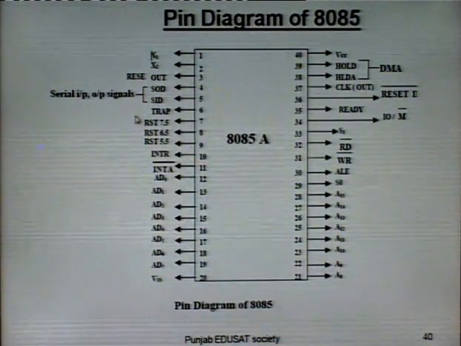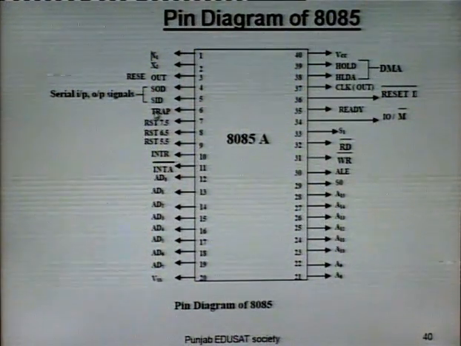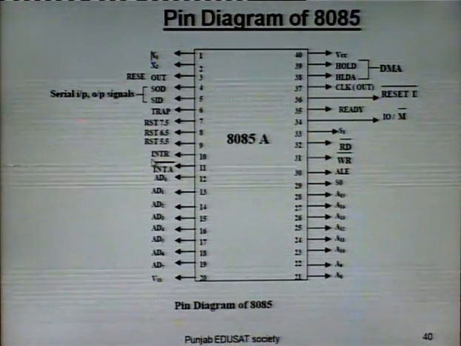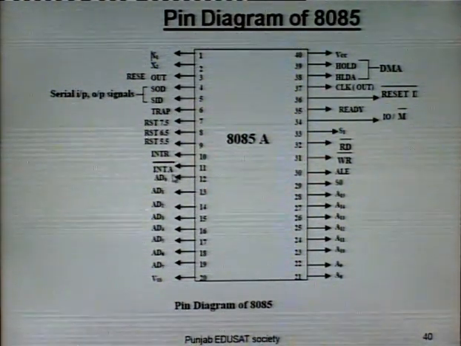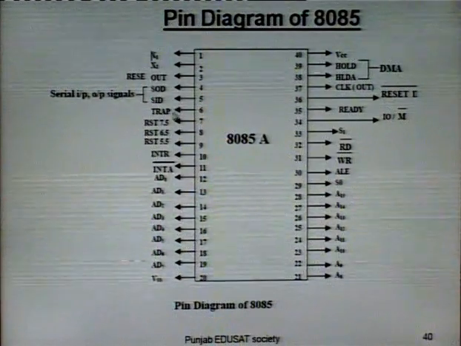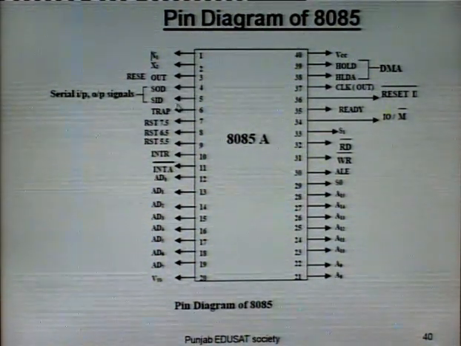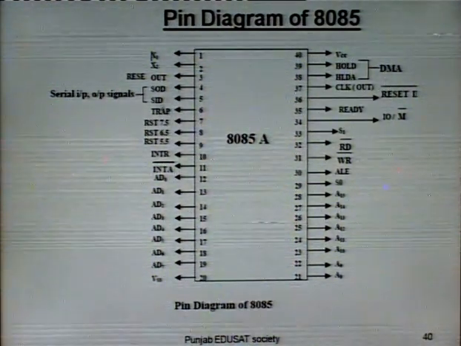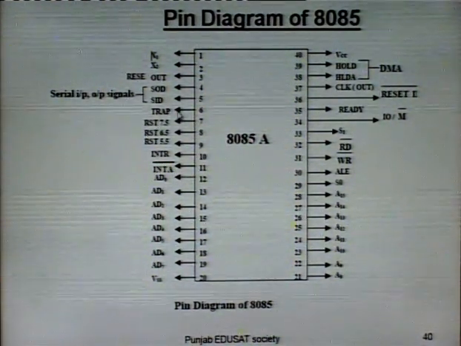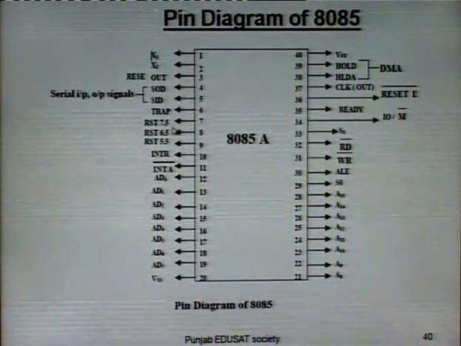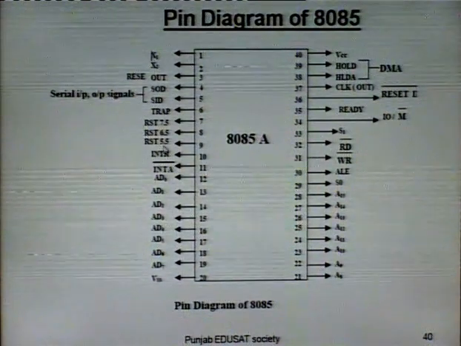Then we have interrupt signals: TRAP, RST 7.5, 6.5, 5.5, interrupt request and interrupt acknowledge. The first 5 pins, which are input pins, are the 5 hardware interrupts. Trap has the highest priority. RST 7.5 is lower than that, then 6.5, then 5.5.